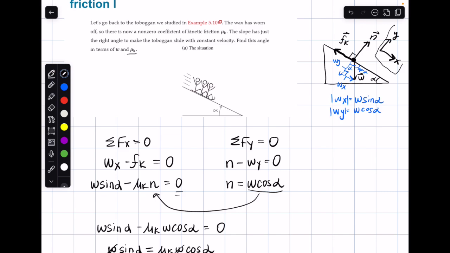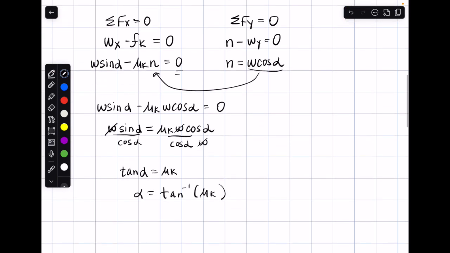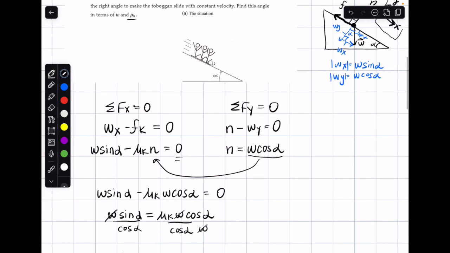So this is an interesting relationship to think about in terms of reality, right? And the different materials that can help you slide down faster and on a shallower incline. So the problem-solving steps again, right? We're using information from the y component to solve for our unknowns.